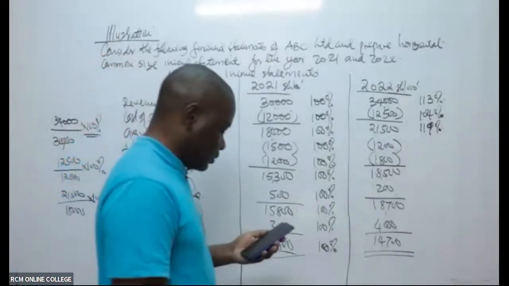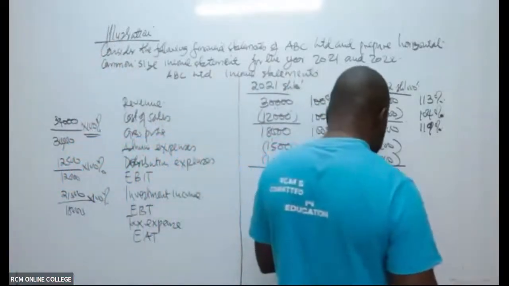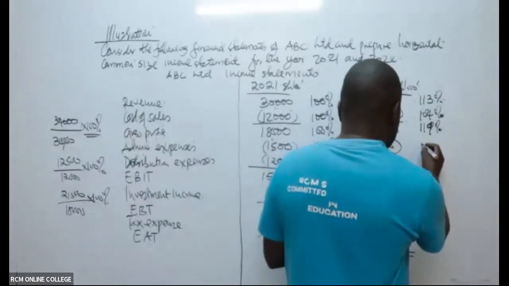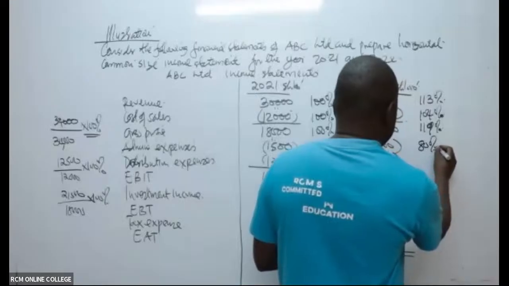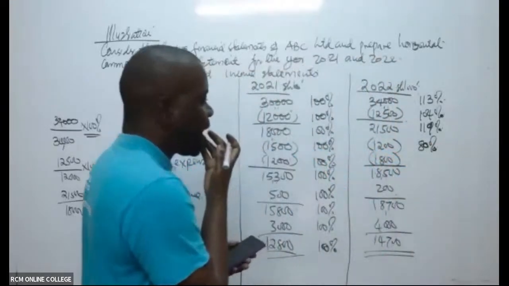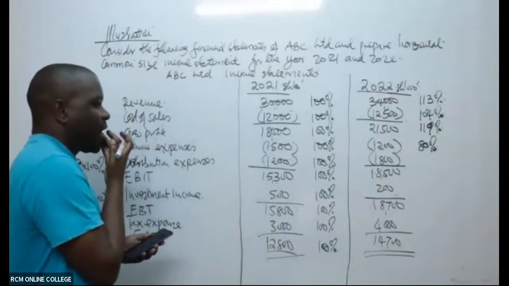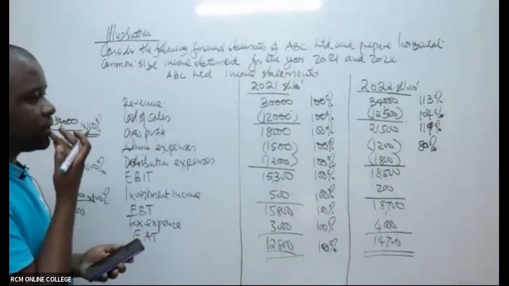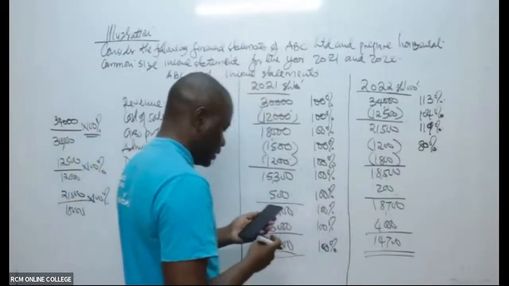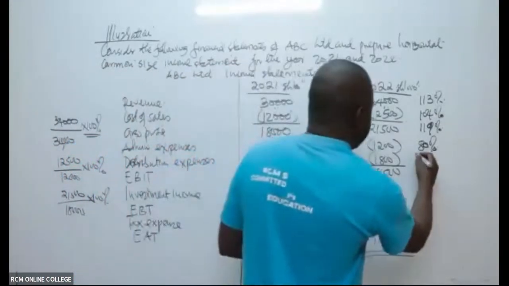Then 80%, so this one is 80%. What about this other one? After 80%, I can see 150%.